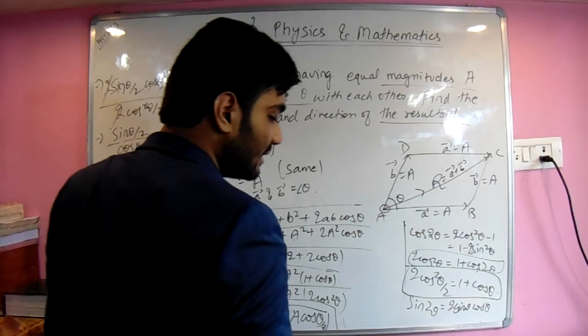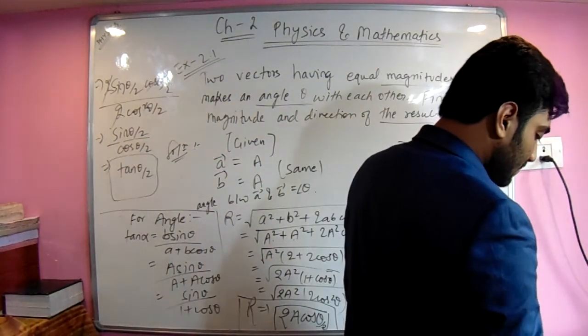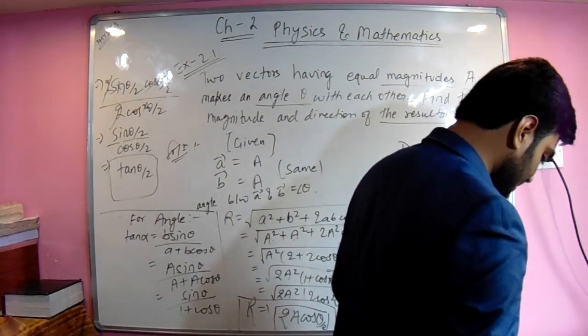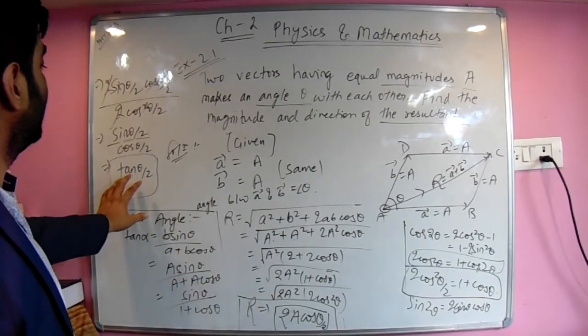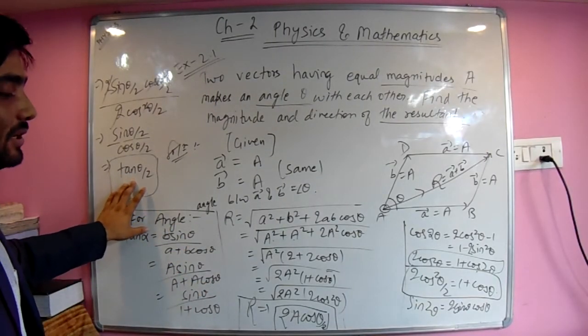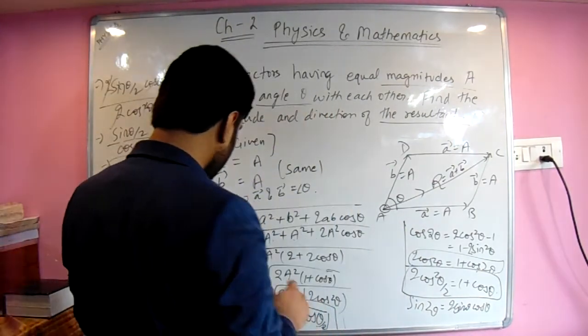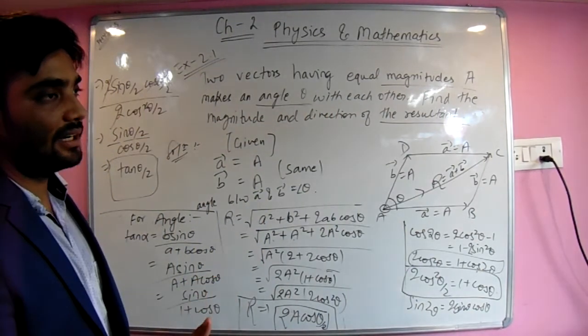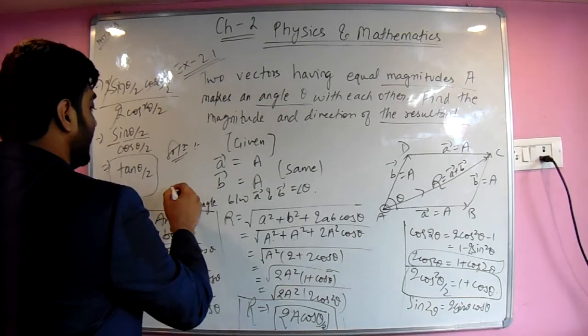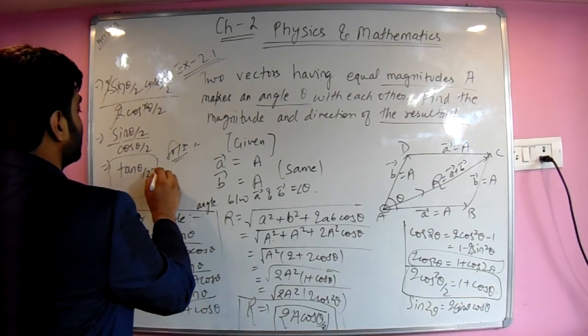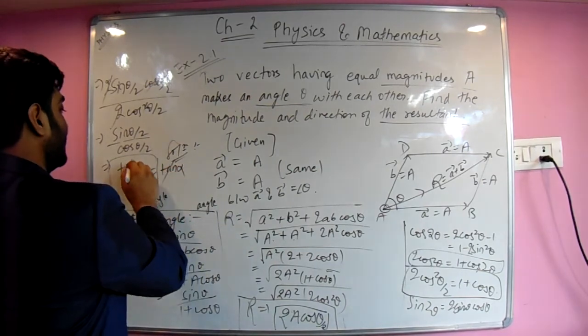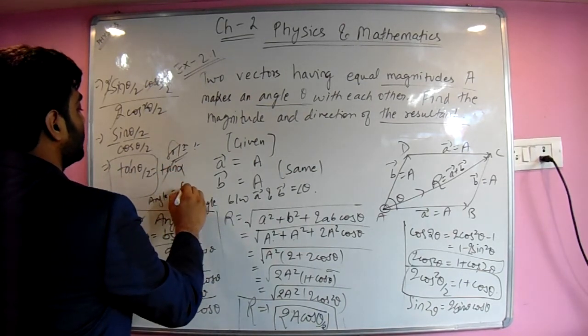So this is Example 2.1. Tan alpha is equal to tan theta by 2, so tan cancels and alpha is equal to theta by 2.